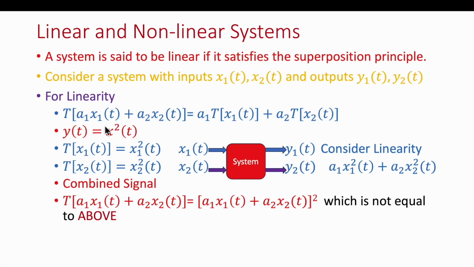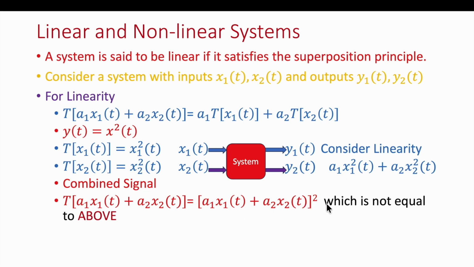The response means that whatever the inputs are, it will just take the square. So in our case, we have the combined input a1 x1(t) plus a2 x2(t), and the response is a1 x1(t) plus a2 x2(t), whole squared.